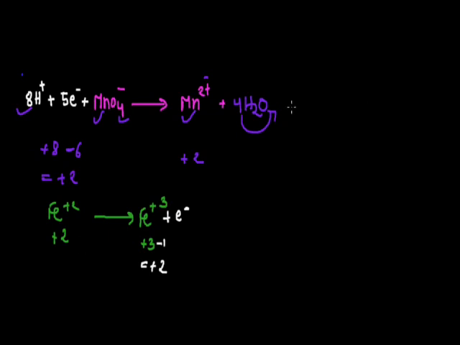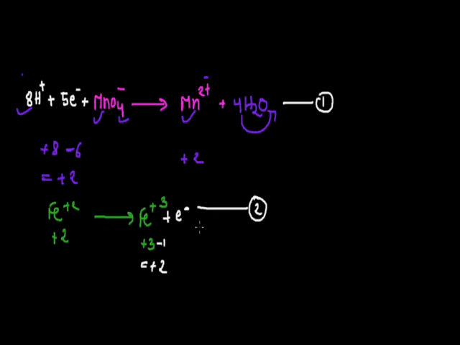Now this one is the first reaction and this one is the second reaction. We see that in the first reaction the electron count is 5 and in the second reaction the electron count is only single. So finally we are combining the first and second reactions.